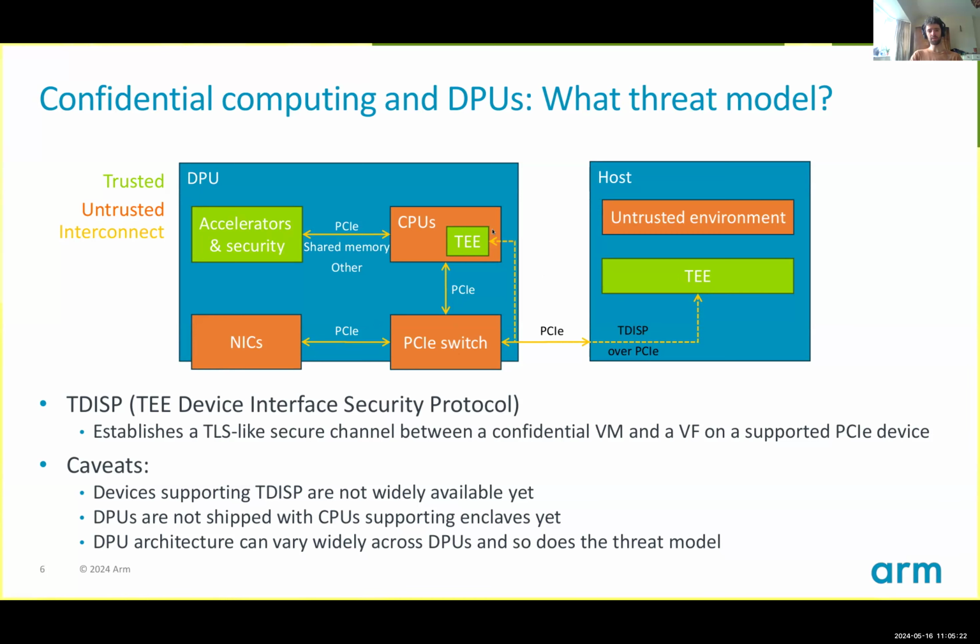The only thing you would have to attest, "only" is a euphemism, but essentially you would have to attest the enclave on the CPU subsystem, the DPU side, and then you would have to trust all the accelerators and security engines that the DPU is using in order to process, to execute the workload that you're giving it.